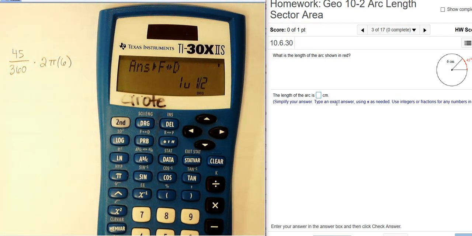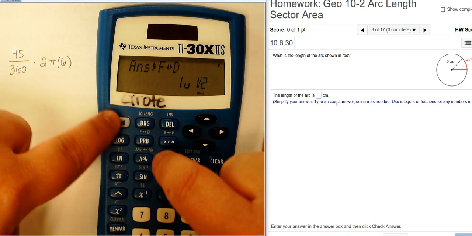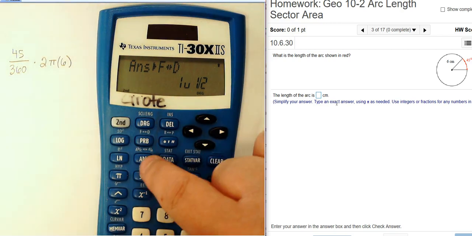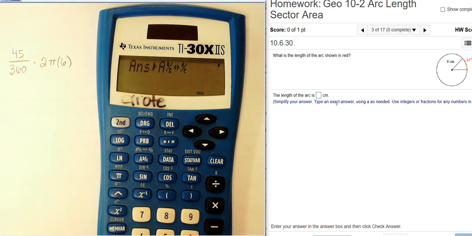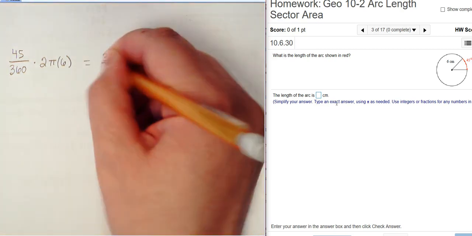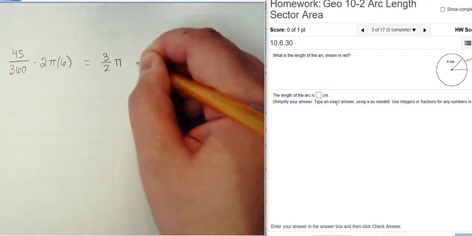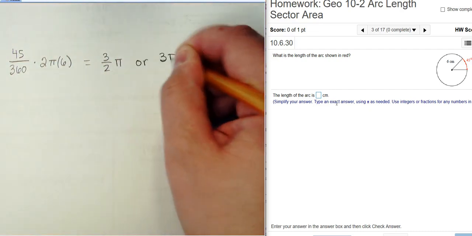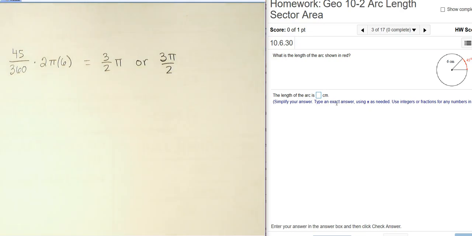Then I'm going to hit second, this ABC key, and that'll change it from a mixed number to an improper fraction. Just hit the equal sign down in the bottom right corner. So that's 3 over 2. So what we're going to have here is 3 over 2 pi, or you could type it in like this, 3 pi over 2. It'll take both of those answers on the MathXL.